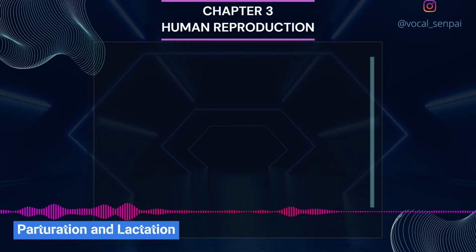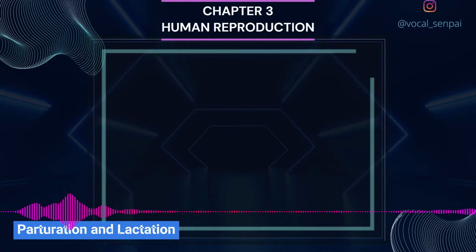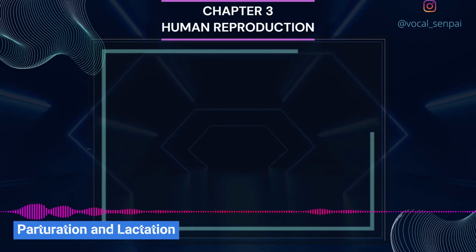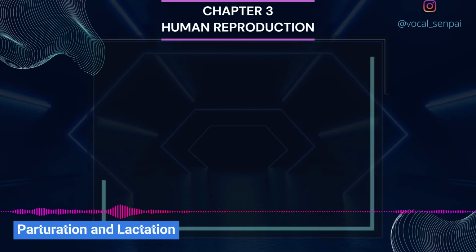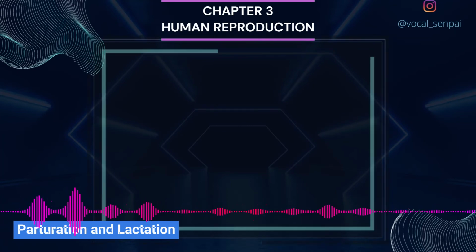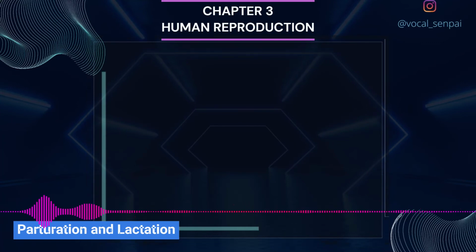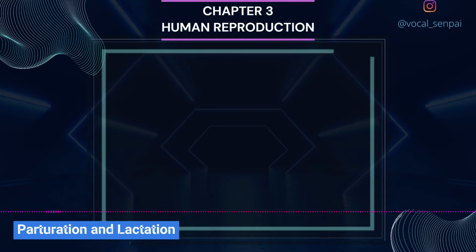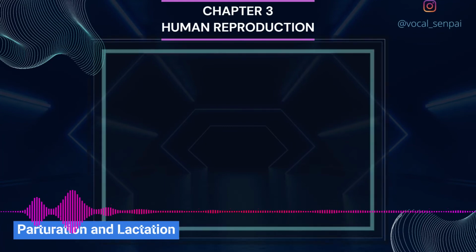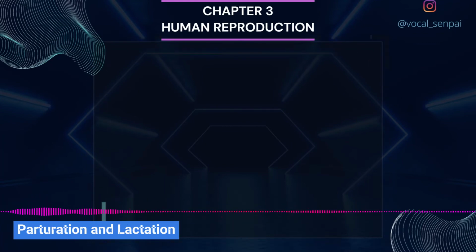The signals for parturition originate from the fully developed fetus and the placenta, which induce mild uterine contractions called the fetal ejection reflex. This triggers release of oxytocin from the maternal pituitary. Oxytocin acts on the uterine muscle and causes stronger uterine contractions, which in turn stimulates further secretion of oxytocin.